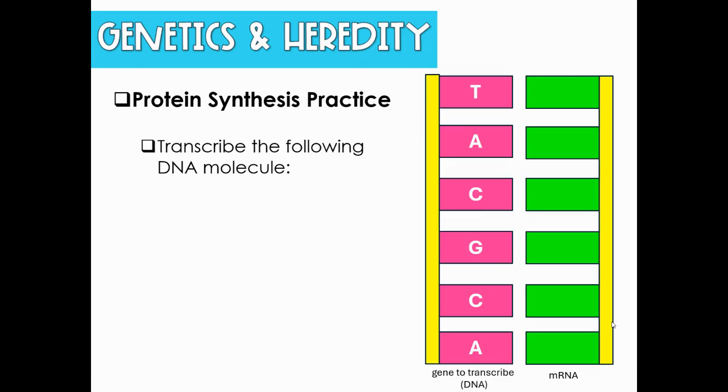So we won't see thymine when we're creating an mRNA molecule. We're going to replace that with uracil. So T pairs with A, and then A is going to pair with U. Cytosine pairs with guanine. Guanine pairs with cytosine. C pairs with G, and A pairs with U.